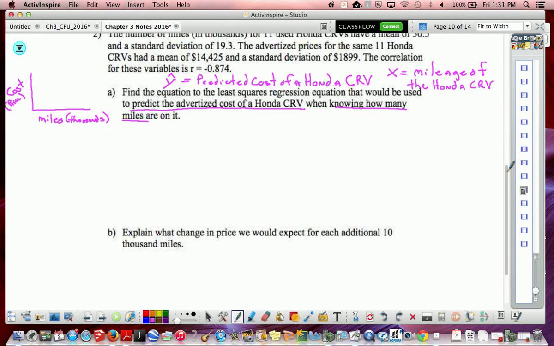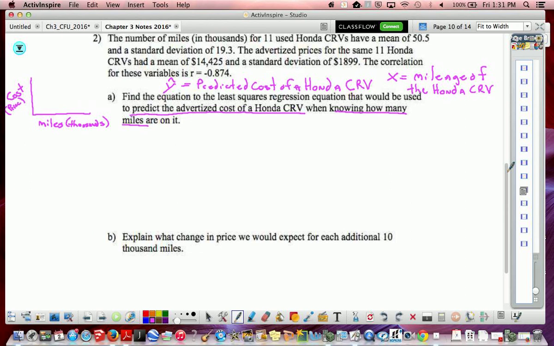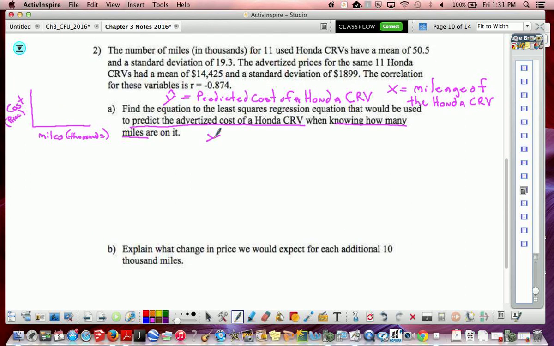So, we want to find the equation. In order to find the equation, boy, I'm going to need to know what's the mean of X, what's the standard deviation of X, what's the mean of Y, what's the standard deviation of Y, and do they give me my R? So, since X is mileage, did they tell me the mean miles driven and the standard deviation?